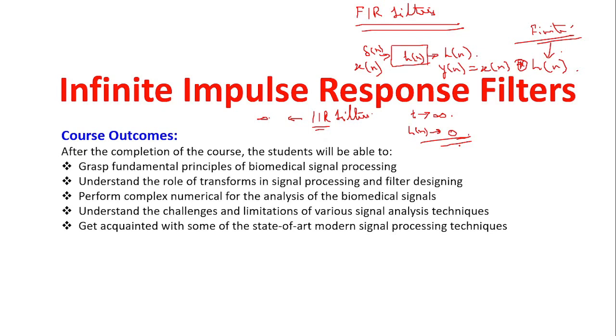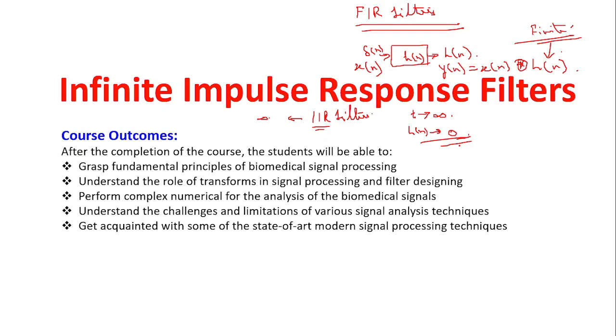It cannot be 0 because we are saying infinite impulse response filter, that means it would be having some values. But those values should be tending to 0 if you want to design a stable IIR filter.